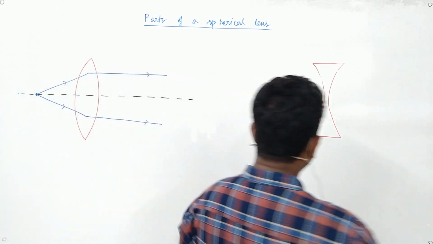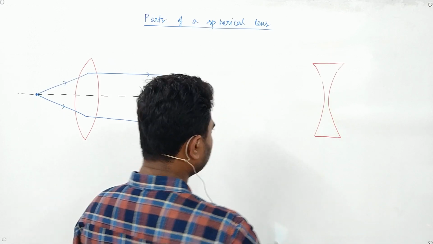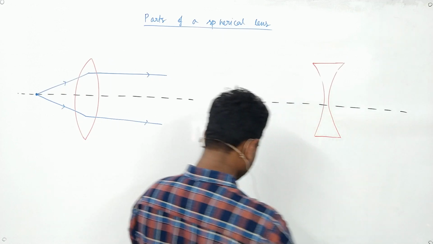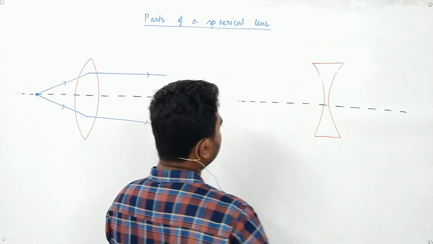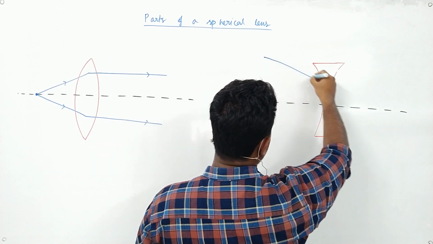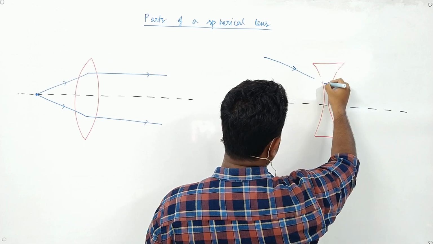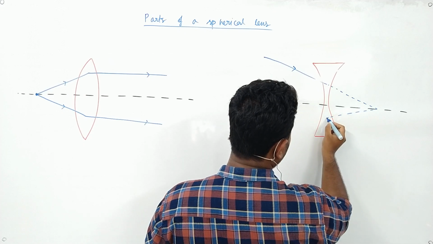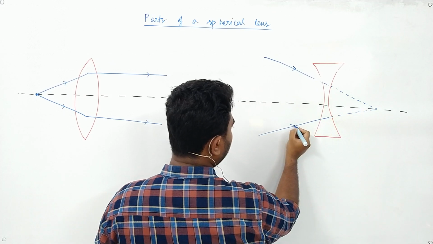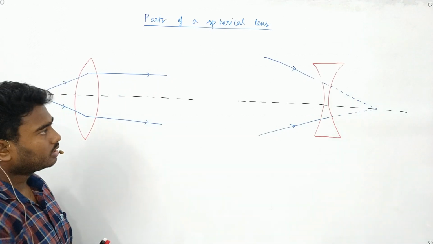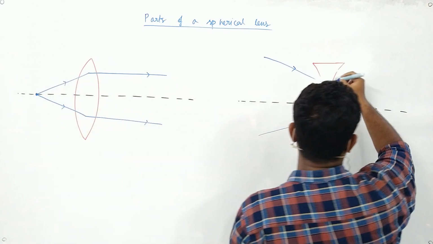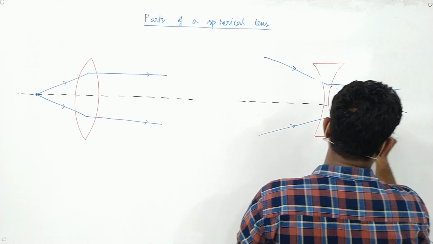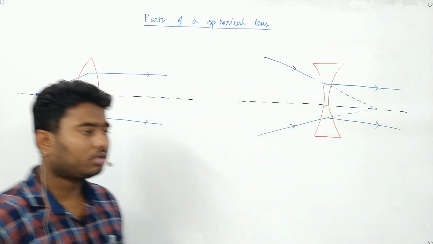In the same way, in case of a concave lens, if a ray of light comes towards this direction, then after refraction it will move out parallel to the principal axis.